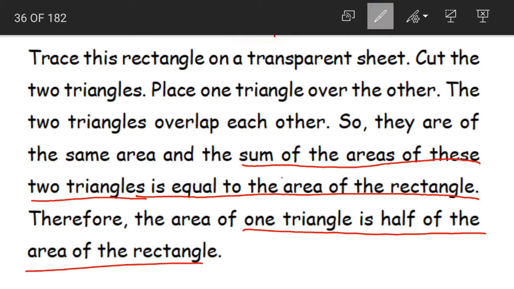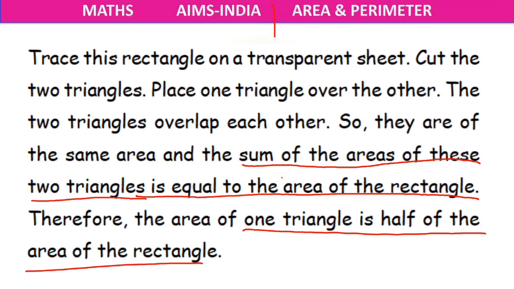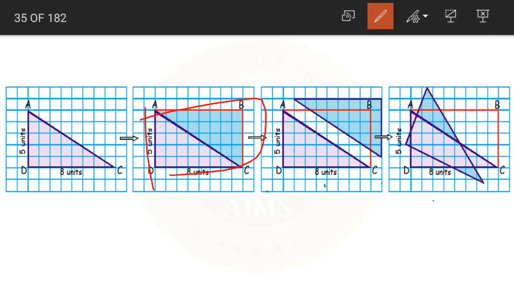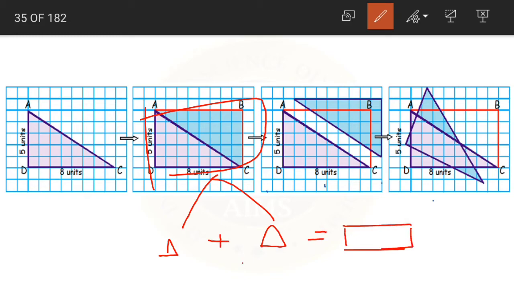What can we conclude here, children? Now, from this rectangle, we got two triangles. Yes or no? Triangle 1 and triangle 2. That means when we add these two triangles together, we will get our rectangle. Isn't it?